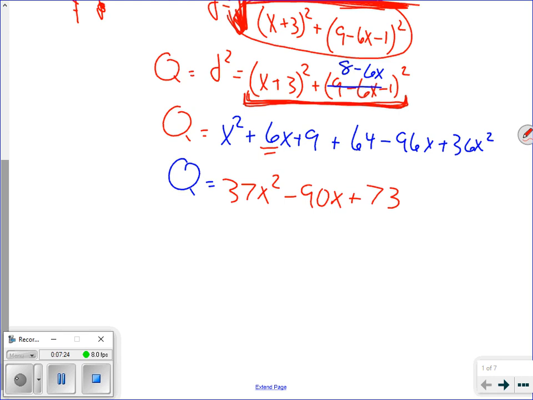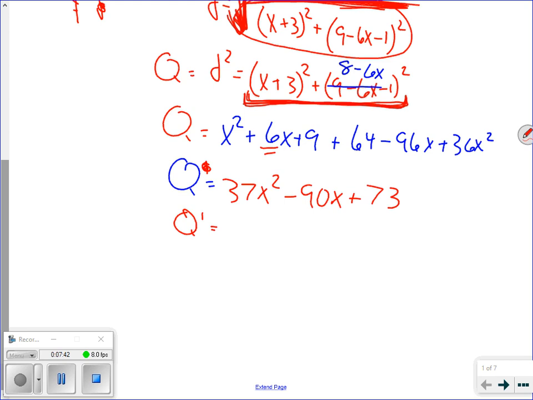Now, the more I look at this, we haven't taken the derivative yet. The more I look at this, that would be very ugly to have to factor, but thank goodness we haven't taken the derivative yet. All right, let's see.